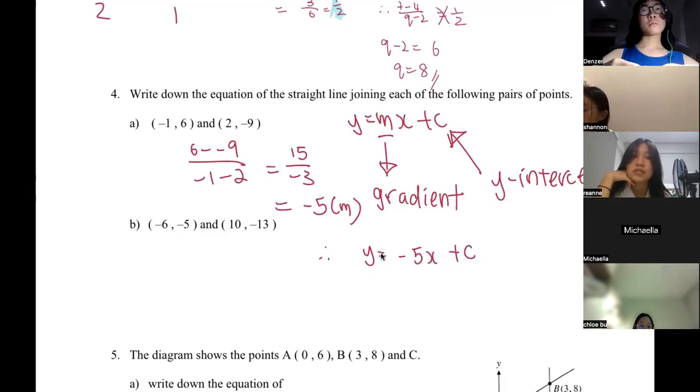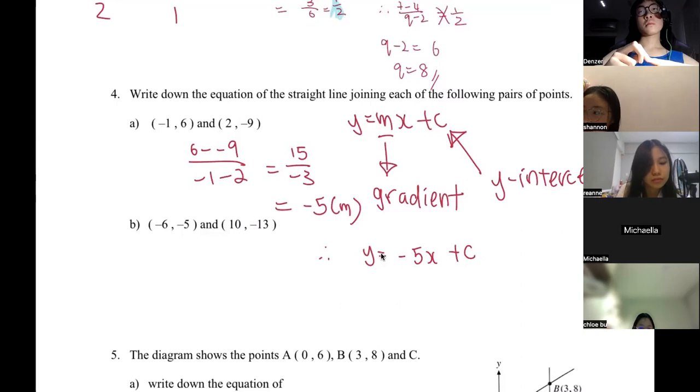How to find C? Anyone? Other than Shannon and Rian? Michaela? Don't call me, I don't know. Denzel, how to find C? Or Chloe also can?